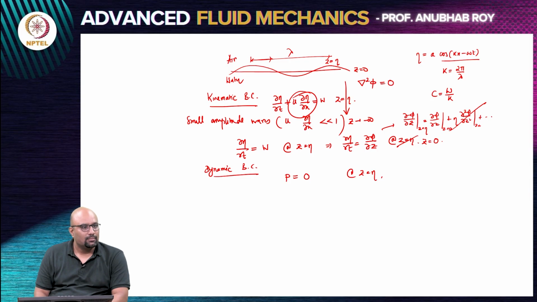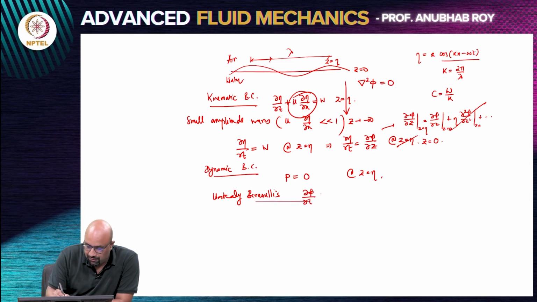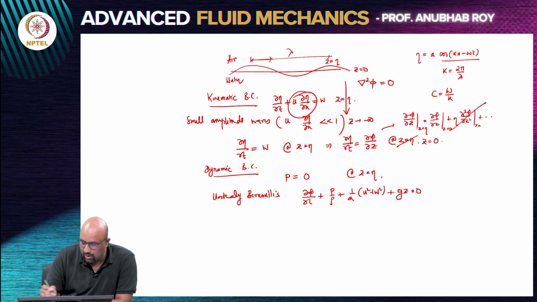Now what is P? How do I get P? Now the flow is irrotational. So we can use unsteady Bernoulli. So everything that you have learned, none of these things are unfamiliar to you. So unsteady Bernoulli tells us ∂φ/∂t plus p by ρ plus half (u² plus w²), it's a 2D problem, plus gz is equal to 0.